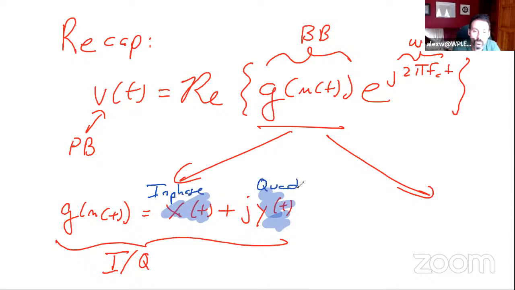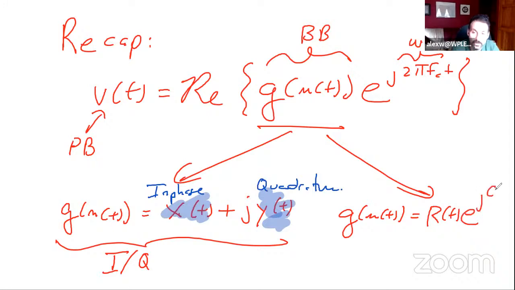and that's the quadrature. Now we also have another way of representing this: g of m of t can be equal to r of t times e to the j omega t. In this case we have the magnitude and we have the phase.